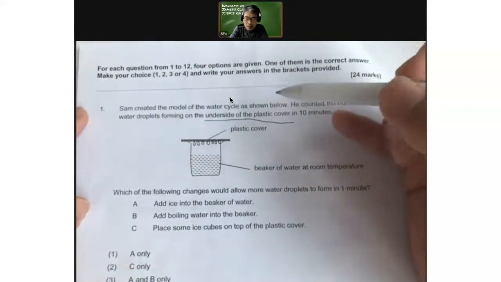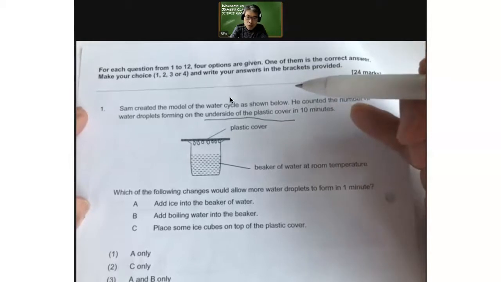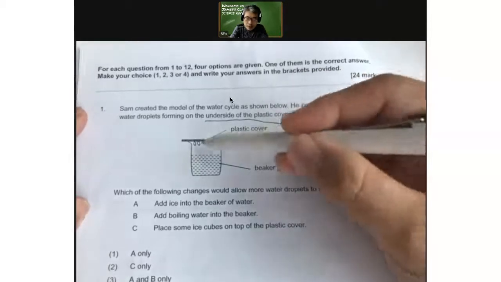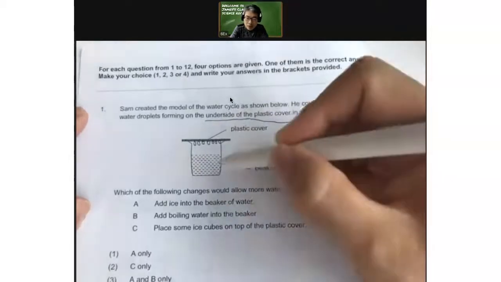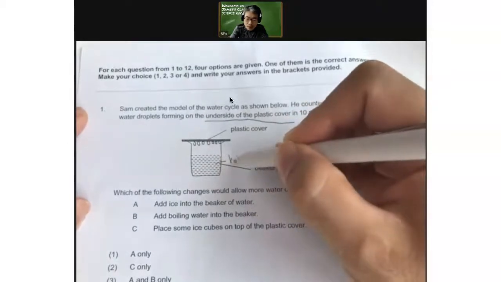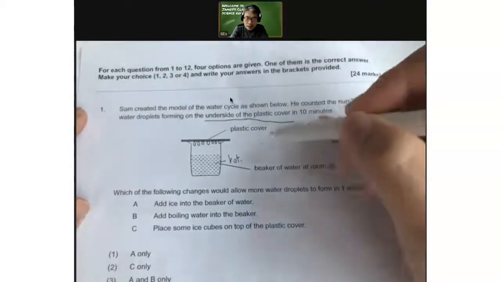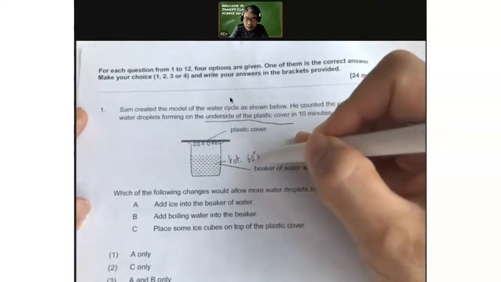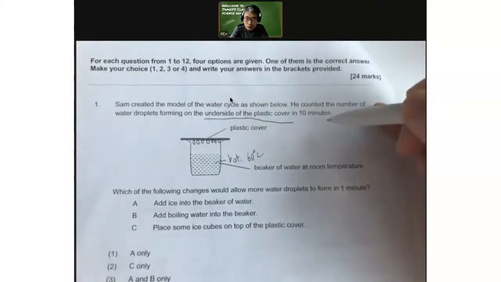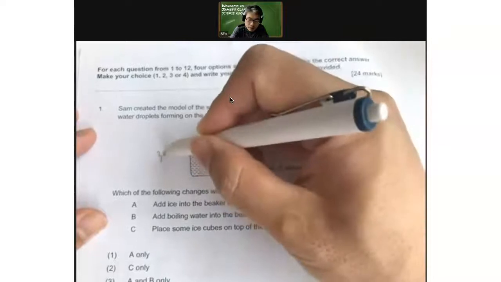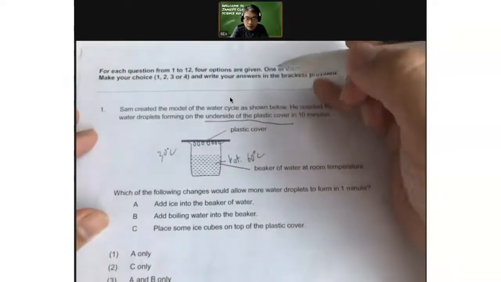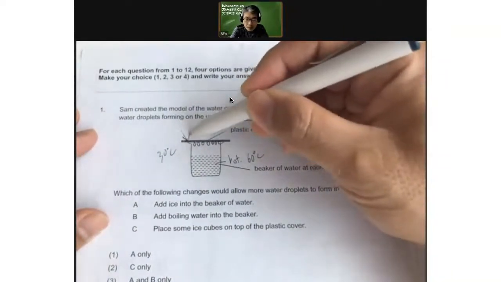Now, what kind of circumstance will allow for condensation on the underside? That is possible if this is hot water. If this is hot water, let's say at 60 degrees Celsius, and this is in a room, let's say at 30 degrees Celsius, then the cooler surface will be this plastic cover.